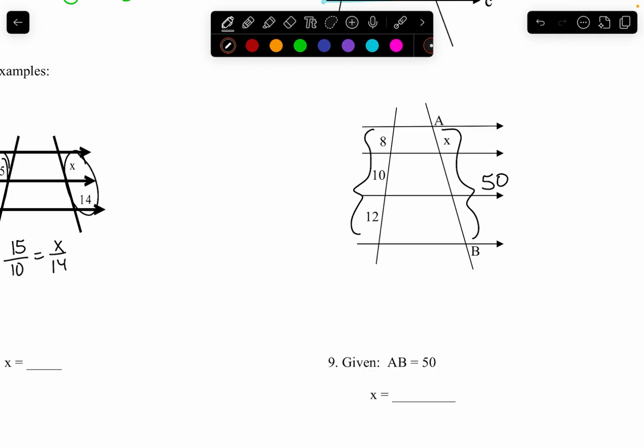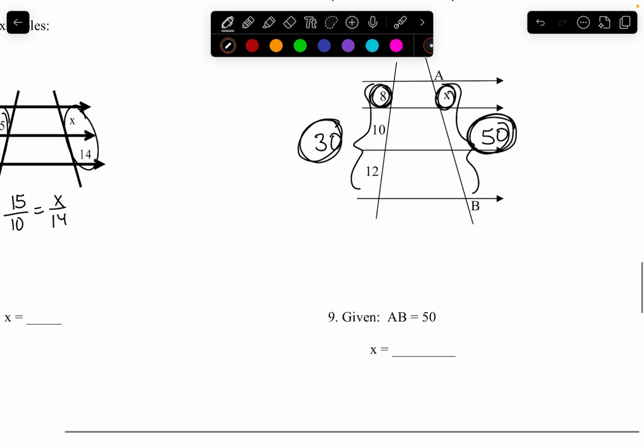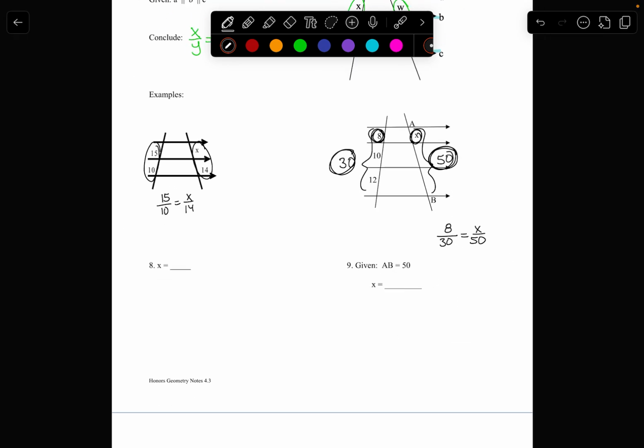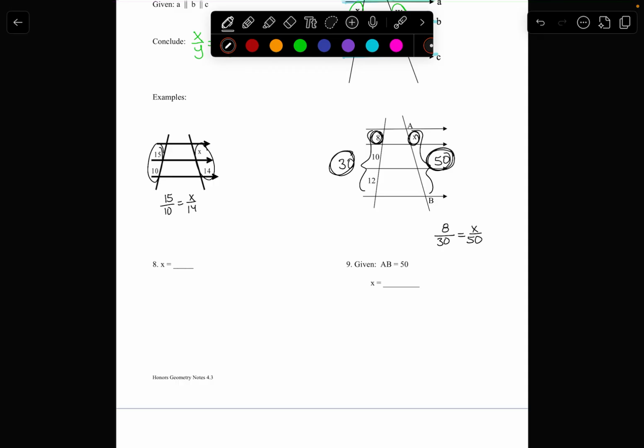So 8 plus 12 plus 10 is 30. Now, I'm looking for x, which means that I'm going to have to use this piece and the full piece, which means over here I will be using the same piece that corresponds with x and again the full piece. So I will set up my proportion as 8 over 30, and that's going to equal x over 50. You will cross multiply and you will solve.